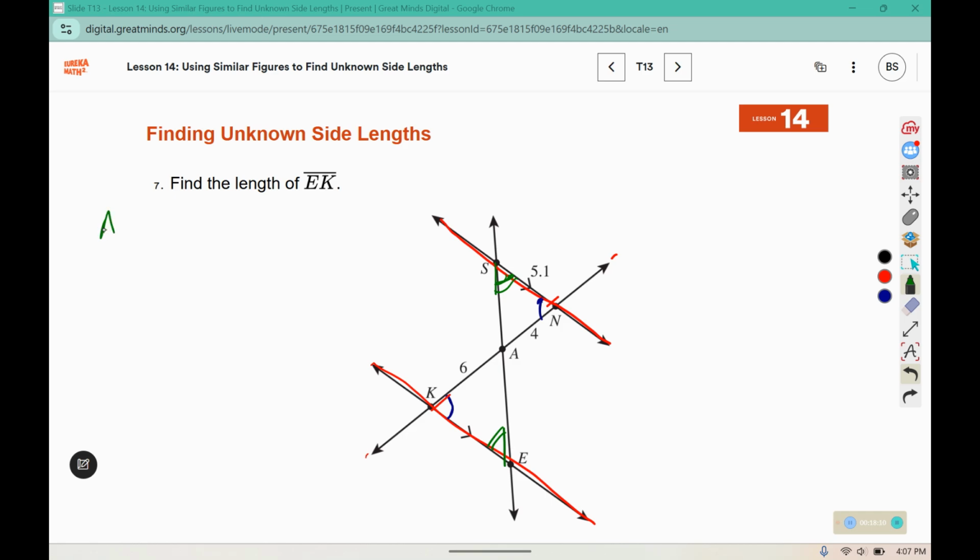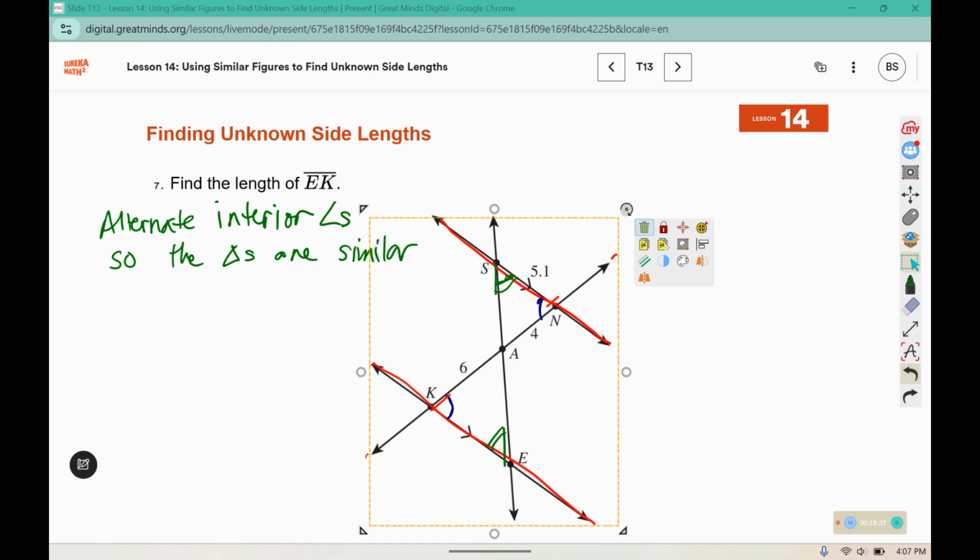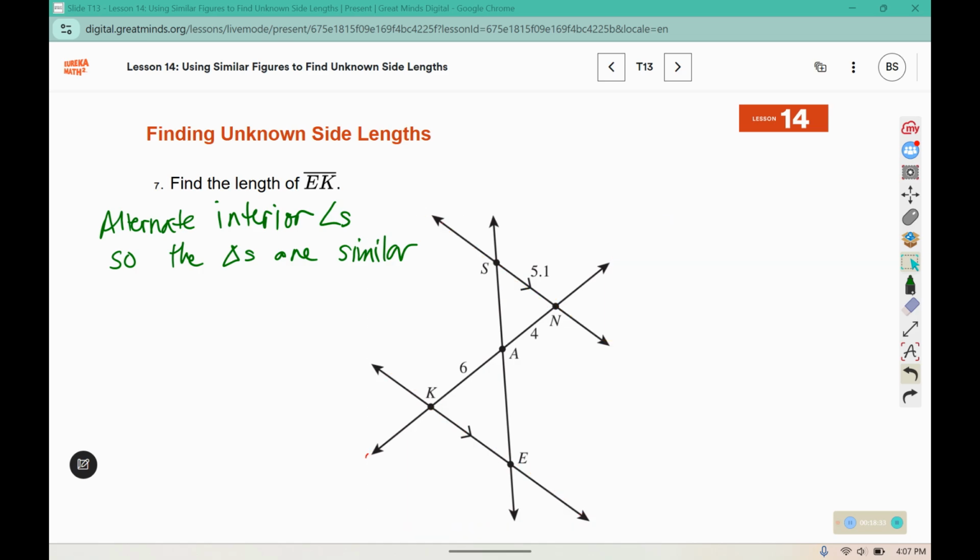So we have alternate interior angles. So the triangles are similar using that AA criterion. Now that we know they are similar, we can start talking about their side lengths.